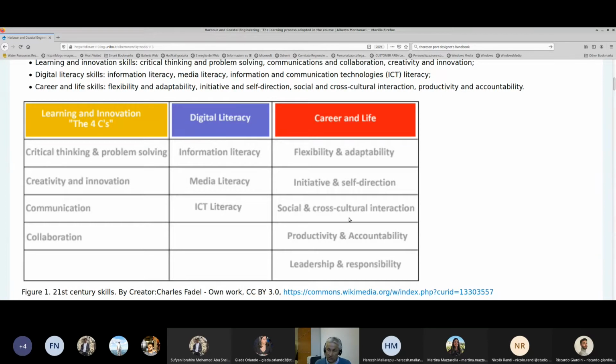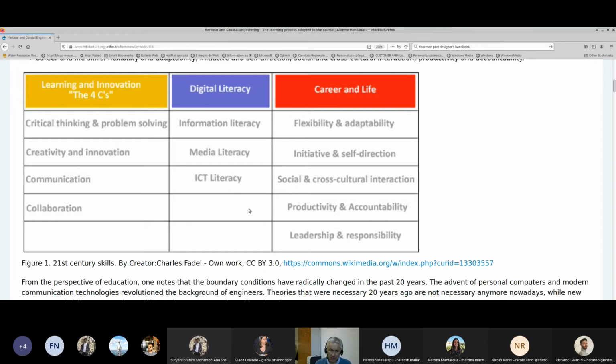I think this table is nice, it is interesting, because it gives you an idea of what could be successful behaviors, of what could be the skills that may grant you a successful career.